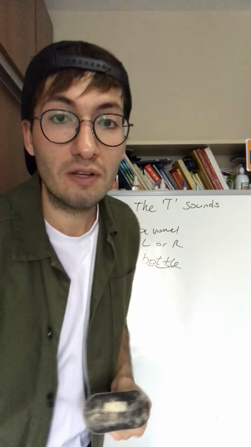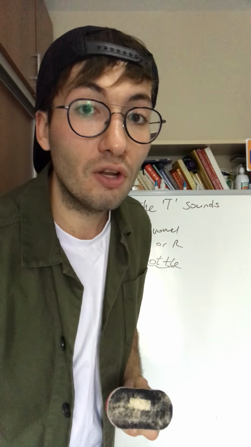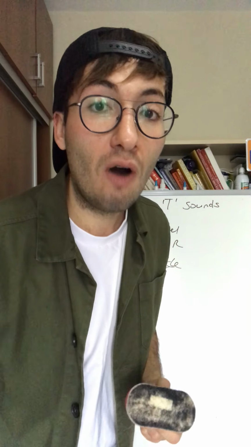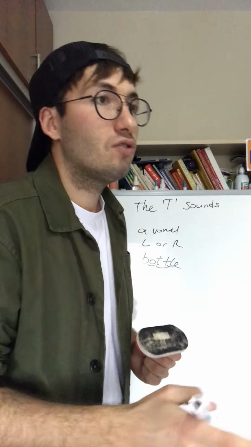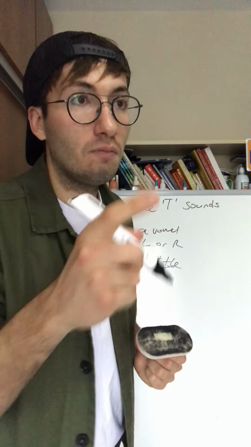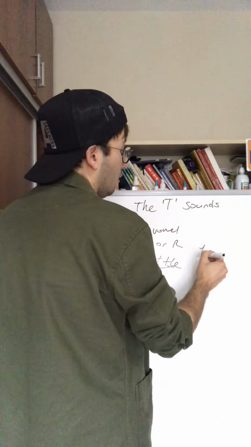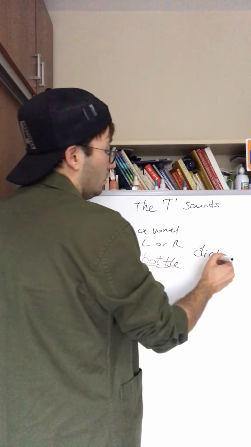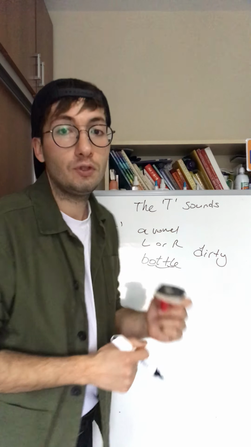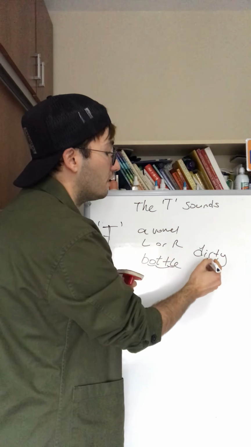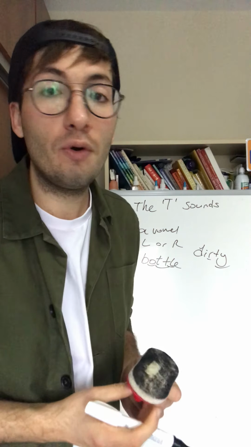It's going to be pronounced bottle, bottle of water. No, bottle of water. And we have more. For example, dirty. We say dirty, because there's an R sound and an E.